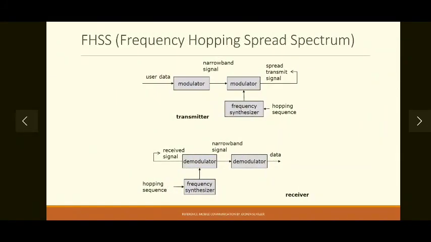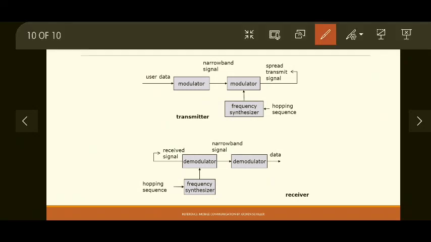It is much simpler compared to the DSSS. You can see the user data, which has a certain frequency, is applied to a modulator. This is done for taking it to a higher frequency range. Here it will be a carrier FC. Now our user data, let's say 1 megahertz, the carrier will be of much larger frequency.